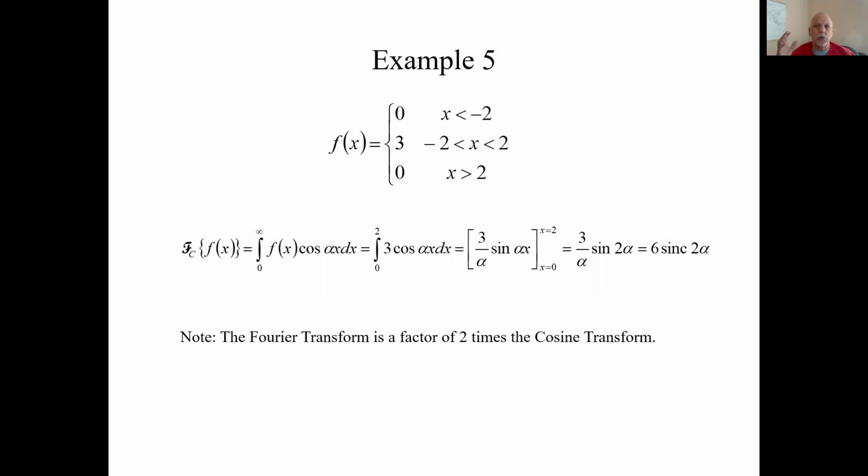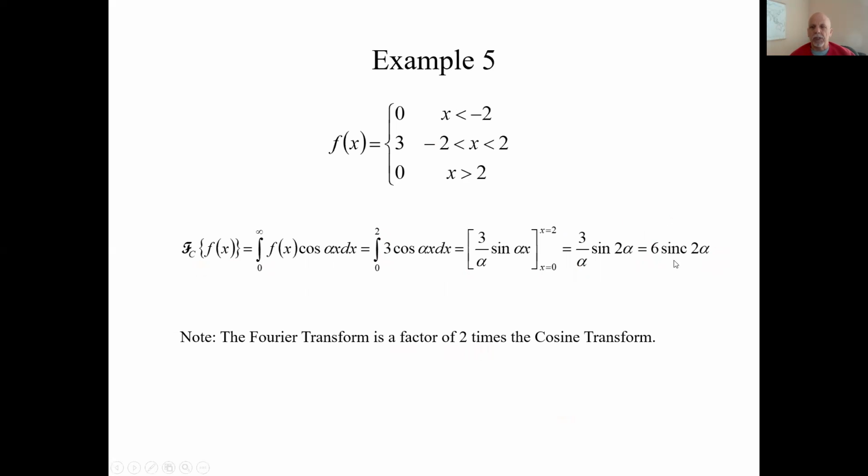Now let's take its cosine transform. Here's what it means. Again, we only need to integrate 3 from 0 to 2, and we get almost the same answer. We're off by a factor of 2.